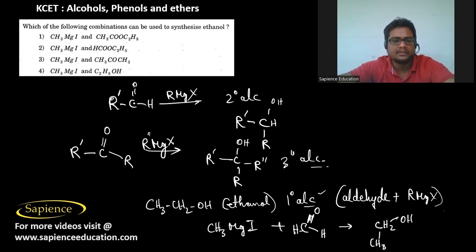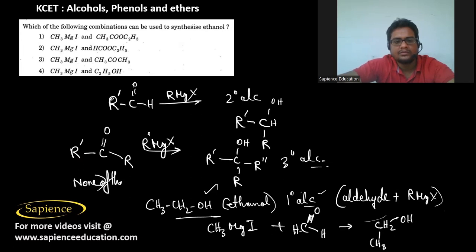So it means that HCHO should react with CH3MgI, then only the ethanol can be formed. So here none of the options are correct.